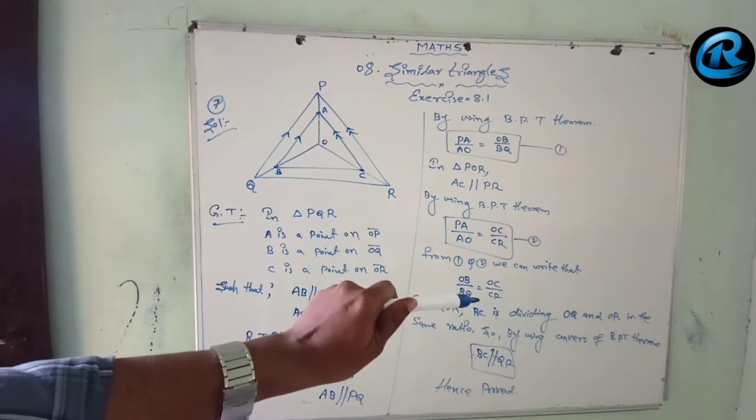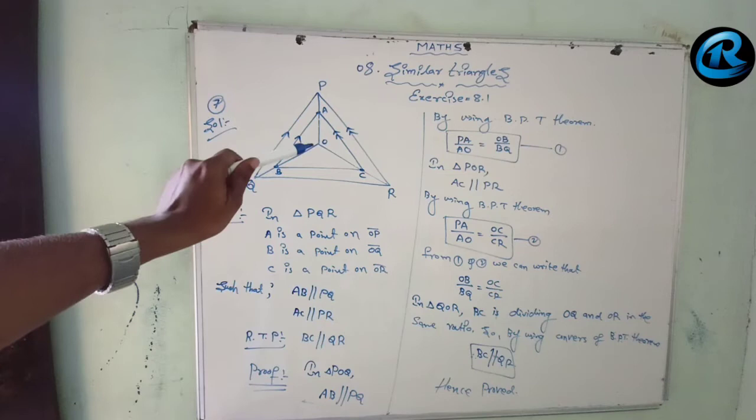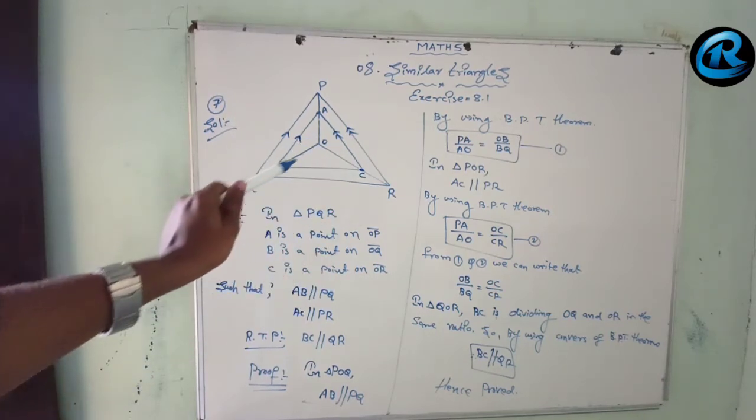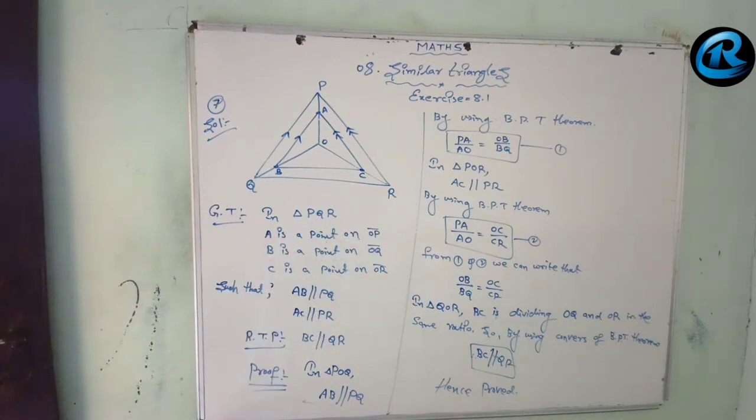OB by BQ is equal to OC by CR. ఈ రెండు sides in QOR triangle OQ and OR sides are divided into the same ratio. Then the third side, the BC, will divide the OQ and OR in the same ratio. So BC is parallel to QR.